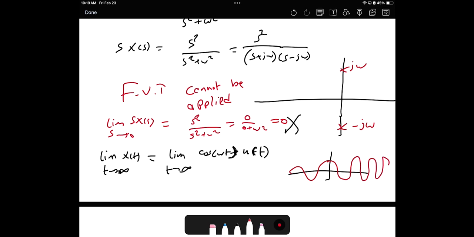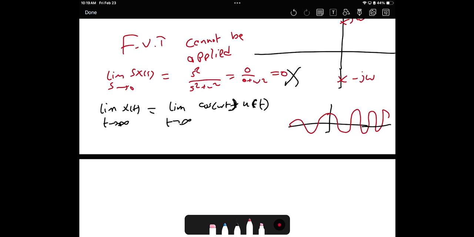What's the value when it goes to infinity? We don't know, right? It's because it keeps repeating itself. It will not decay or go up. It's not like an exponential going up to infinity or down to negative infinity. So we cannot find it. As a result, we will say x of infinity does not exist, because we don't know its value as t goes to infinity.